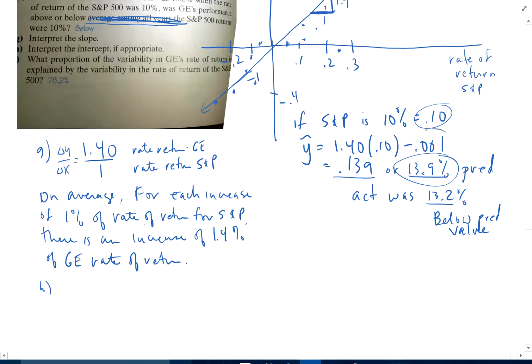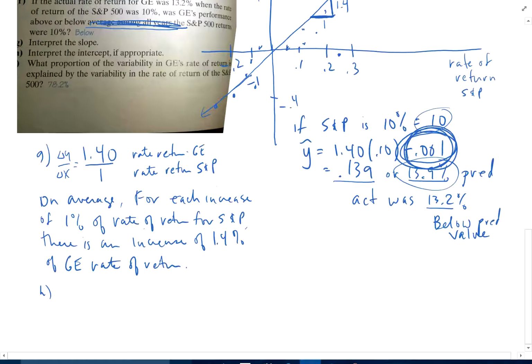And H, interpret the y-intercept. The y-intercept is that guy right there. Well, that's when x is 0. So y hat is 1.40 times x minus 0.001. Is that meaningful, I guess is what we want to know. If x is 0, that means there's a 0 rate of return for S&P.